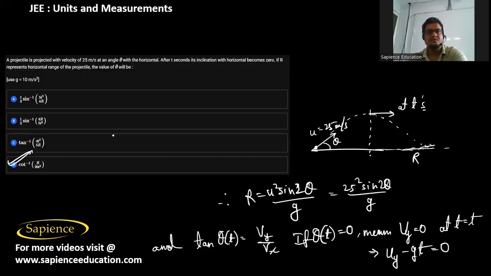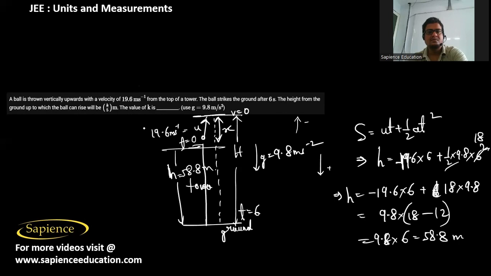So therefore, the height from the ground to which the ball can rise up, that is k by 5.